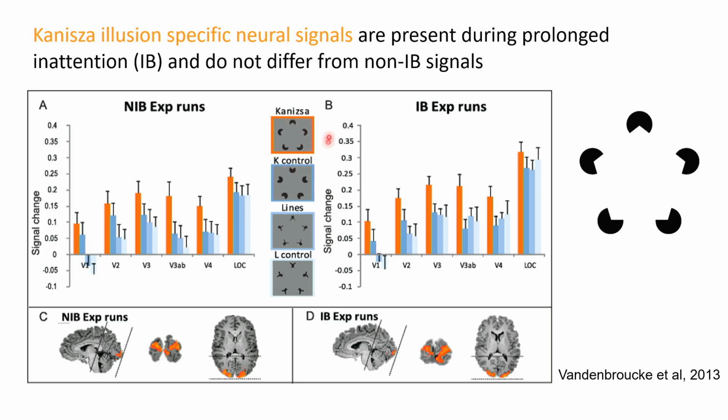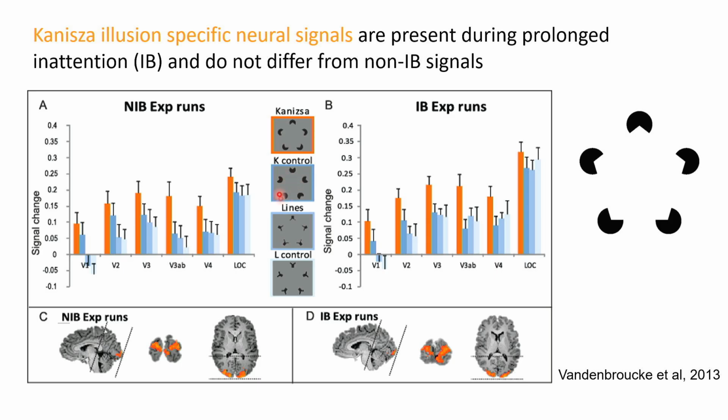We looked at to what extent or how such a Kanizsa figure is represented in visual cortex. And of course, this very much depends on perceptual inference, this is a prime example of what's called perceptual inference. And then we compared signals in visual cortex to these control stimuli.